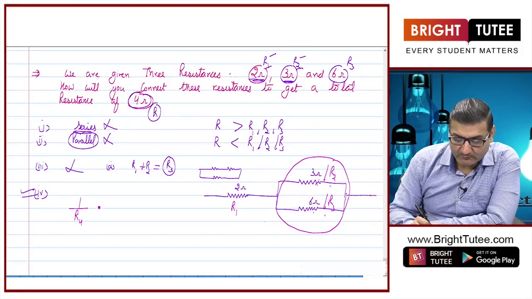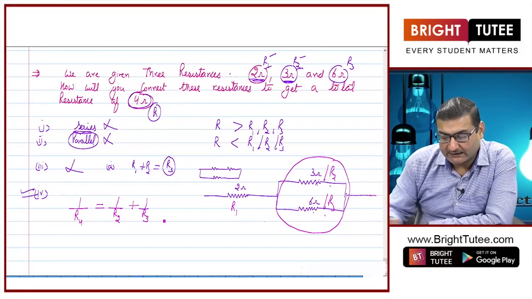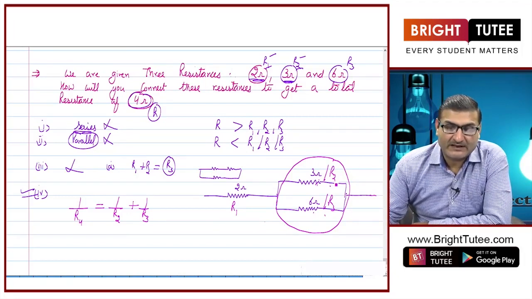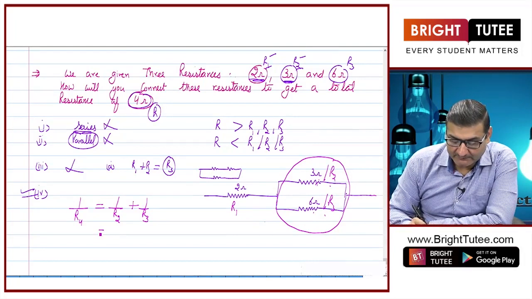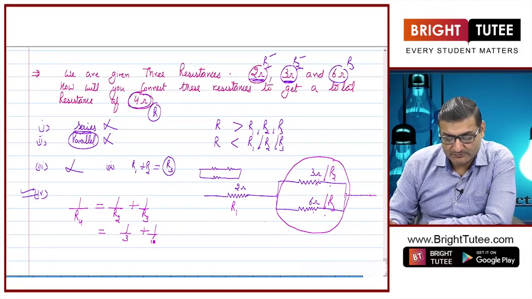So, I will calculate R4 with the formula 1 by R2 plus 1 upon R3. What is R4? The combination of R2 and R3. And since they are in parallel, I will be taking reciprocals. Putting up the values, I will get 1 by 3 ohm plus 1 by 6 ohms.